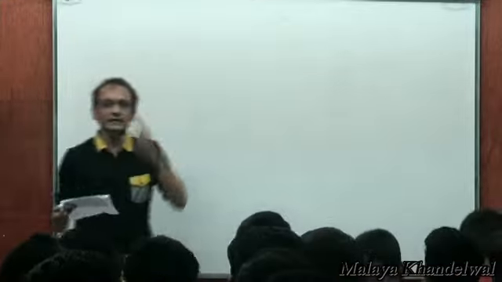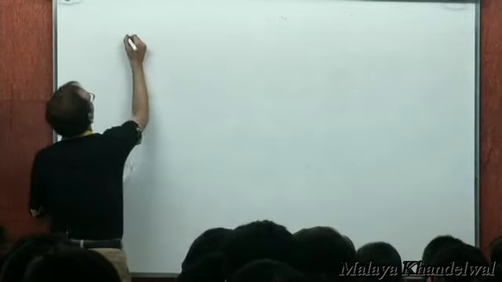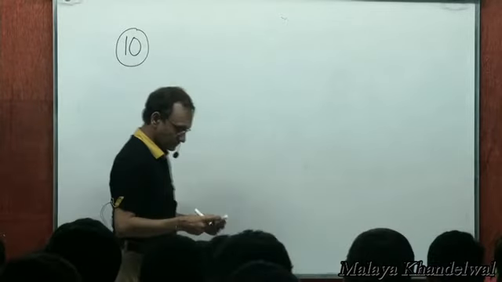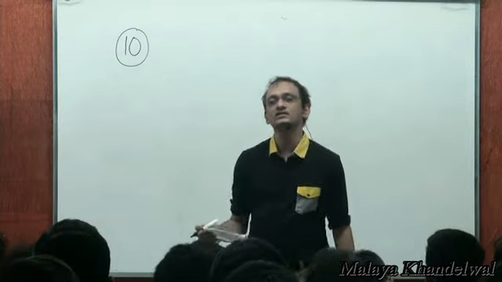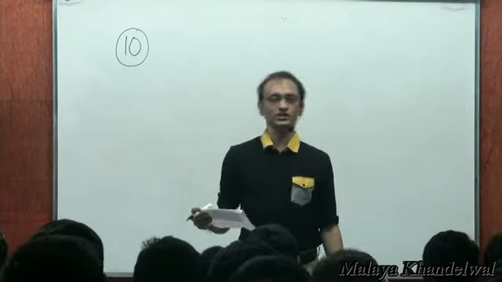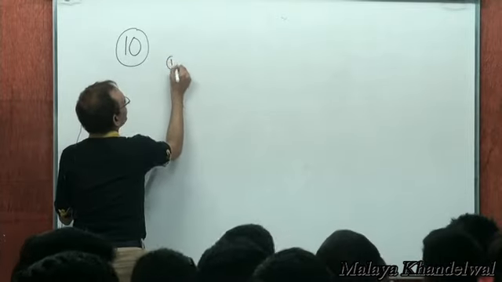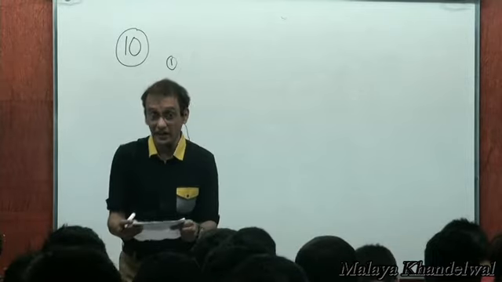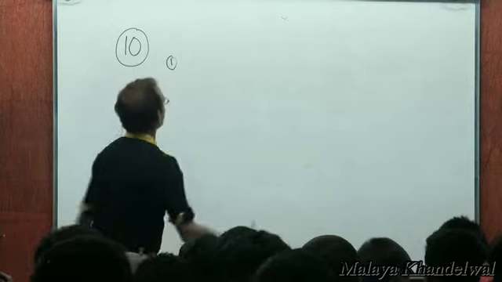All right, problem 10. A student appears for an objective test comprising 10 MCQs. Okay. So, it's given that there are 10 questions, each with 4 choices, as is traditional.